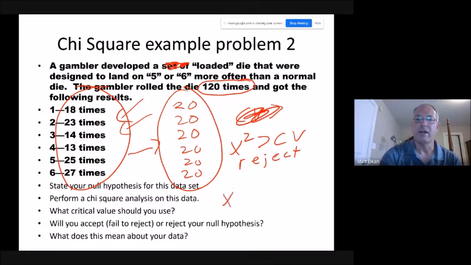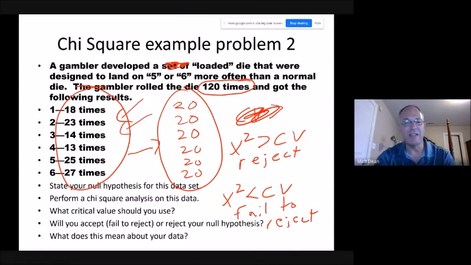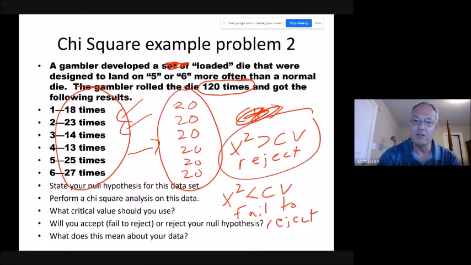When your chi-square value is less than the critical value, which it was in this example, you're going to fail to reject. When you fail to reject, that's saying that there's no significant differences between your observed and expected data. When you reject, that's saying that there are significant differences and that something else is going on.